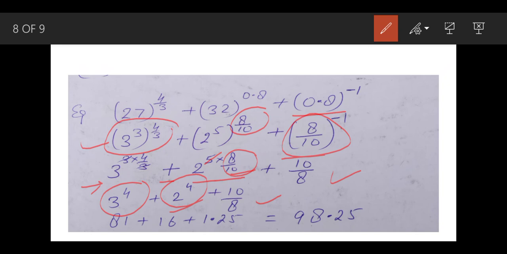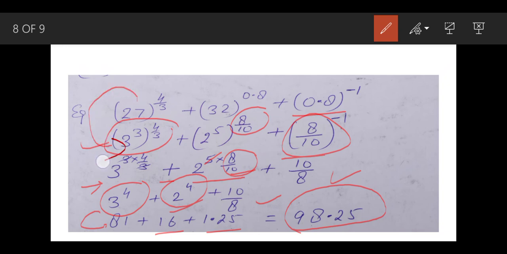Now 3 to the power 4 means 81, that is 3 into 3 into 3 into 3. 2 to the power 4 is 16. 10 upon 8, on solving, we will get 1.25. We'll add it. The answer will be 98.25.